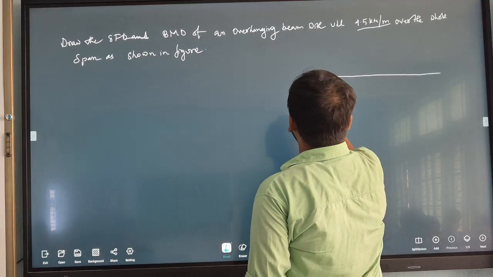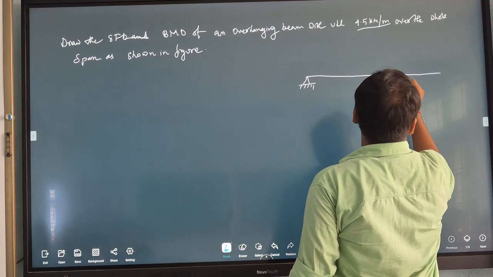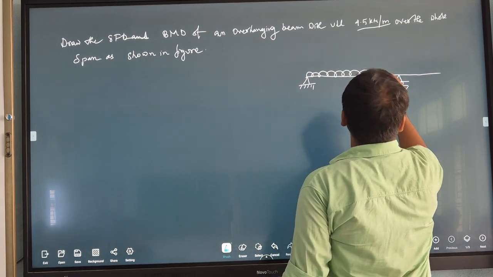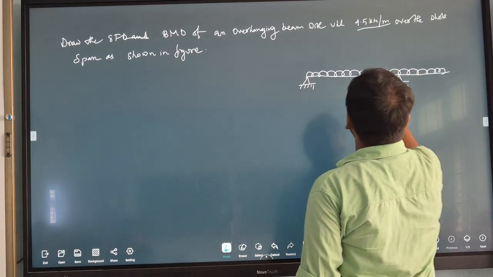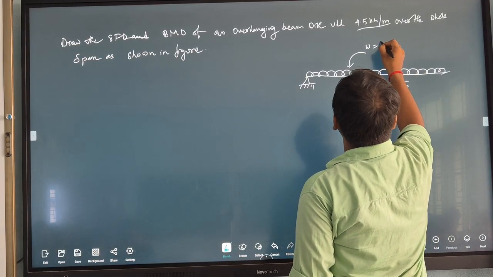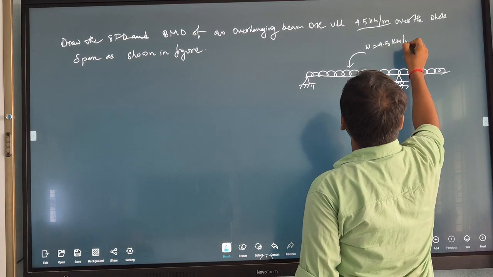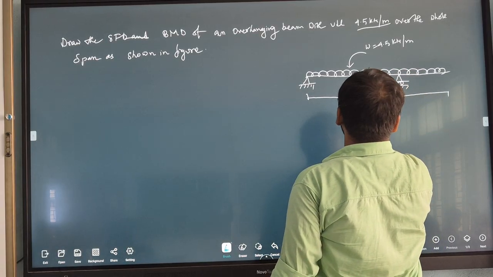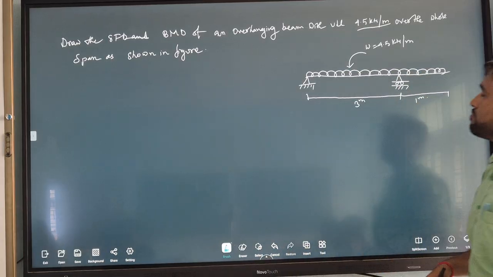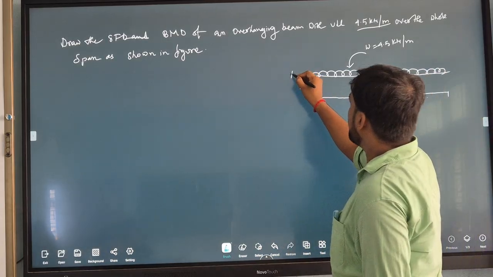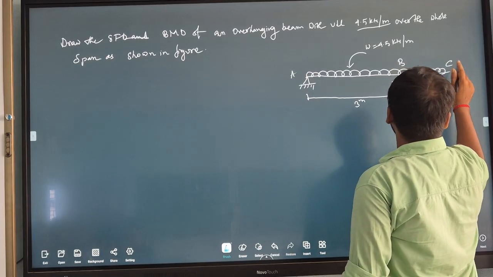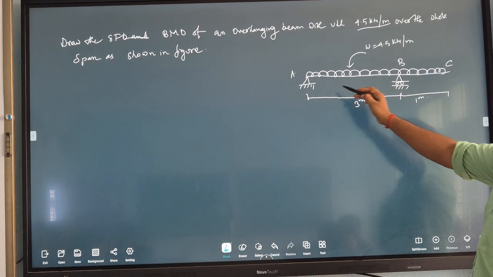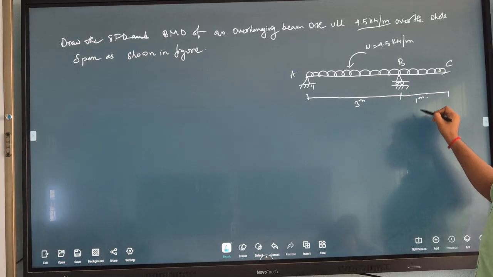So this is your overhanging beam, 4.5 kilonewton per meter. In the diagram there is an overhanging beam A, B, C, having its length AB equal to 3 meter and BC equal to 1 meter.